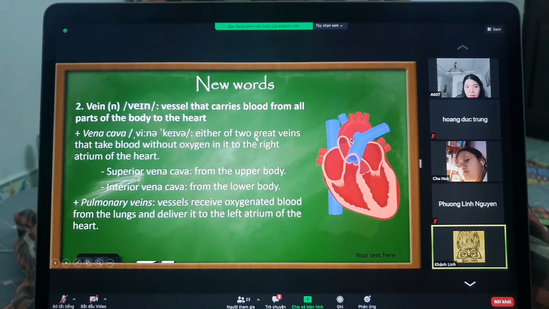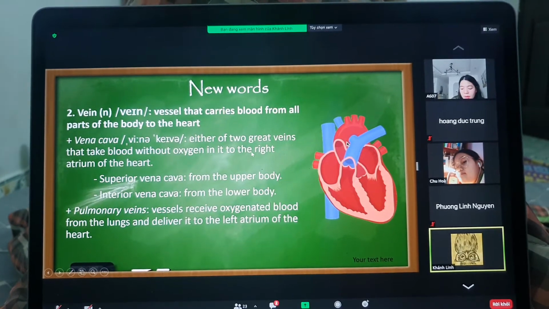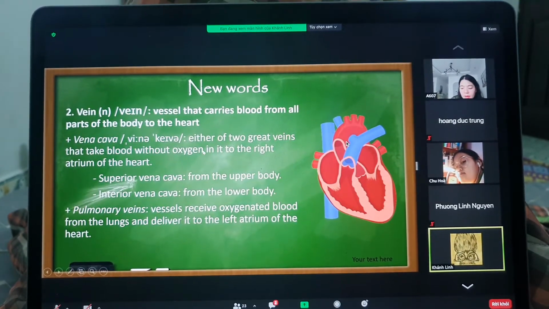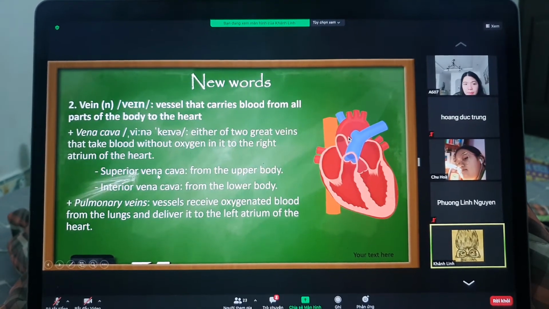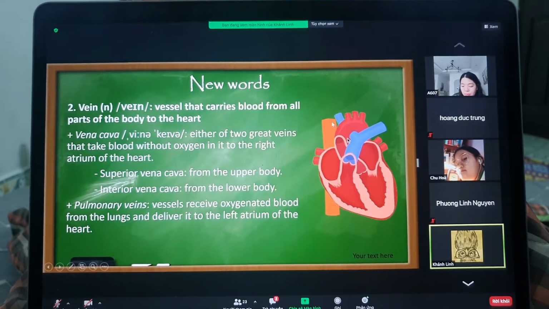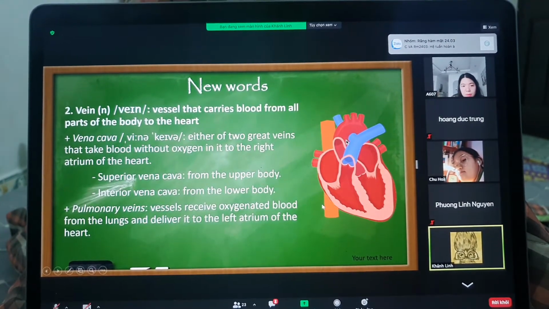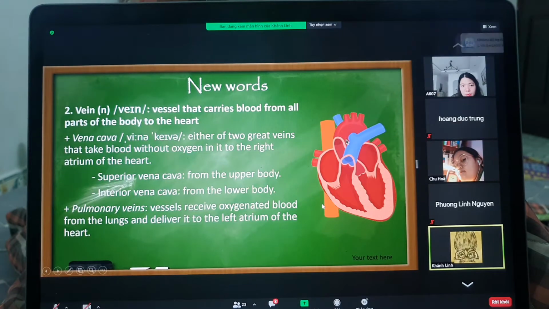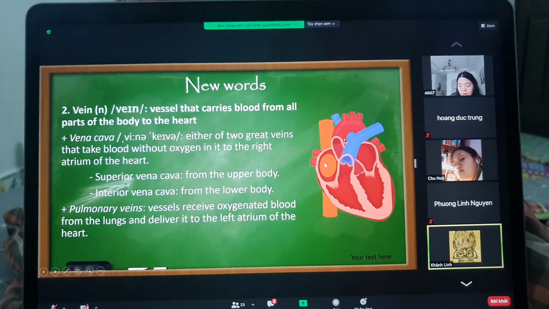They are the 2 great veins that take blood without oxygen in it to the right atrium of the heart. Here is the superior vena cava from the upper body, and the inferior vena cava from the lower body, and it takes blood to the right atrium. It is the right atrium. Can you see that?